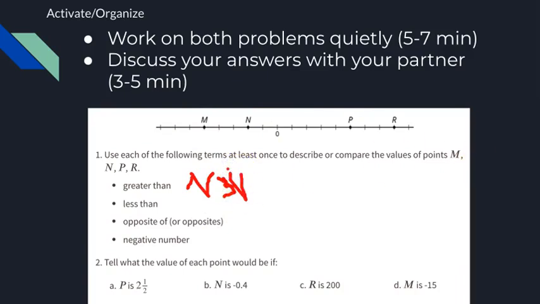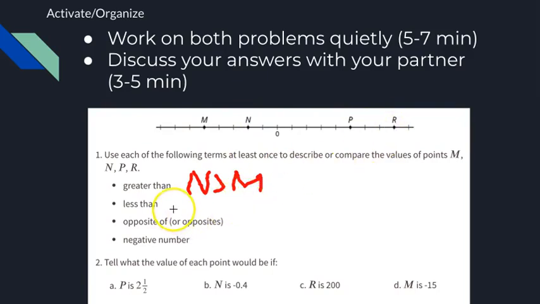Oops, hang on. Okay, but I could have used any of these to compare with any of the previous ones. Nothing's greater than R, though, in this situation.